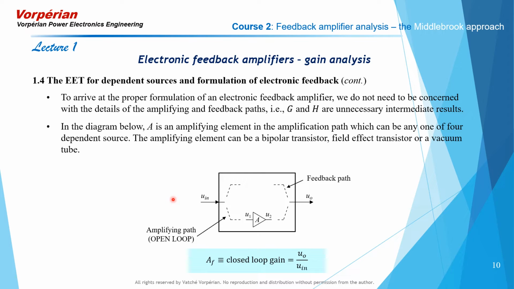Now, before we go further analyzing this circuit, as you look at it, wouldn't you want this amplifying element A, which can be a transistor, a FET, a vacuum tube, wouldn't you want its gain to be infinite?